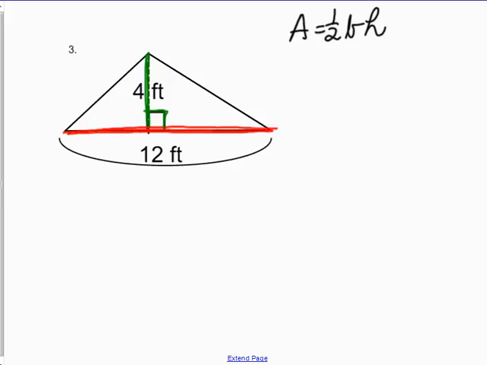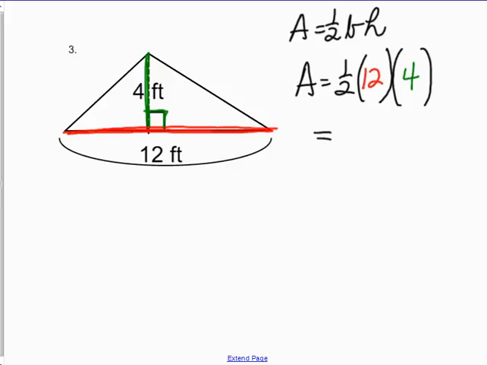So if we say area is 1/2 base times height, we've got 12 times 4. Okay, now to solve, actually 1/2 times 12 is 6, times 4 is 24. 24 feet squared.